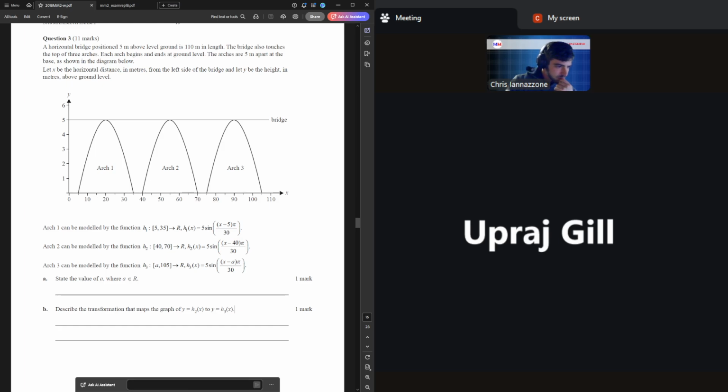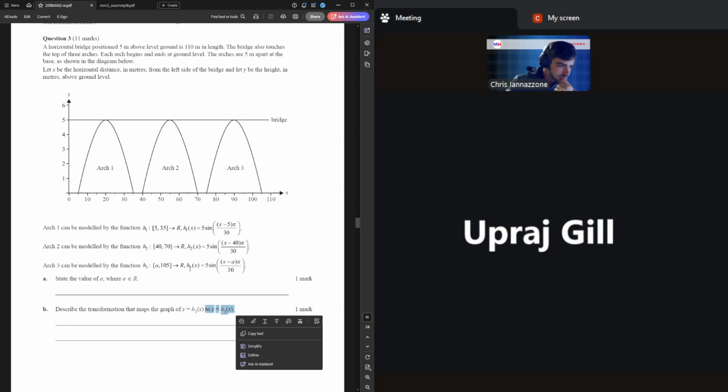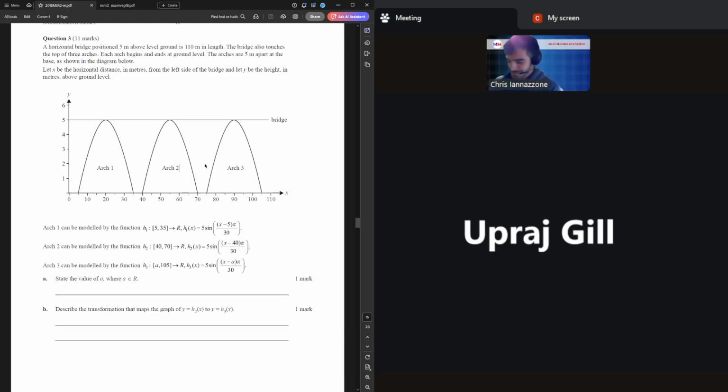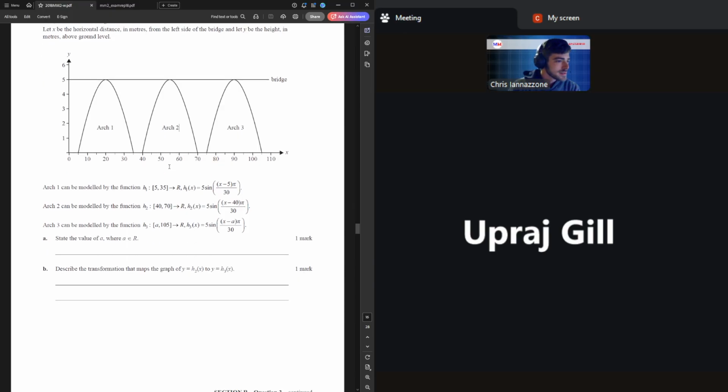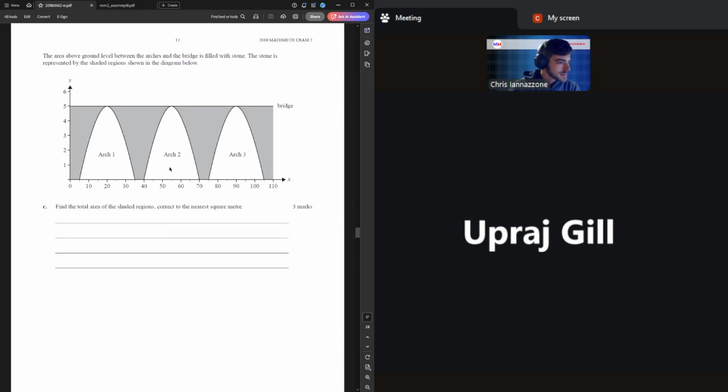The negative by 35? So going from H2 to H3. Oh, H2 to H3. Yeah, shift in the positive by 35 units. That's it. Yeah, precisely. Okay. Part C. Find total area.